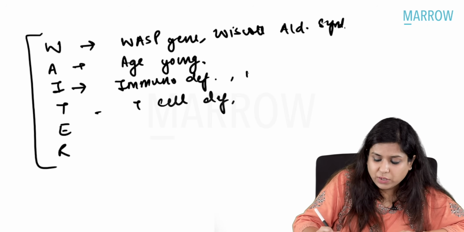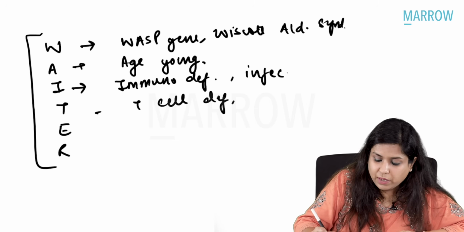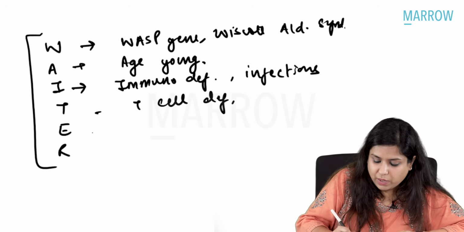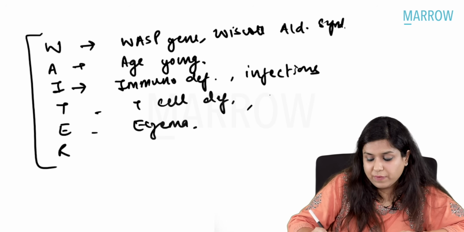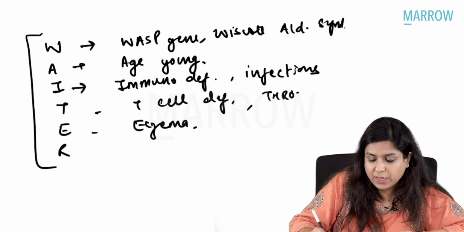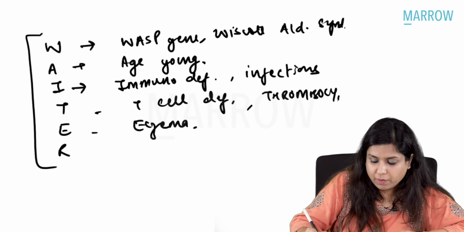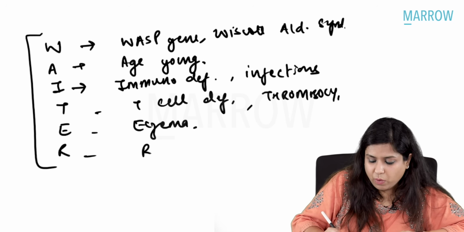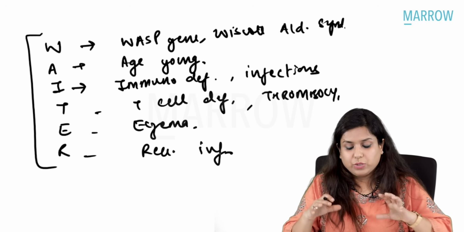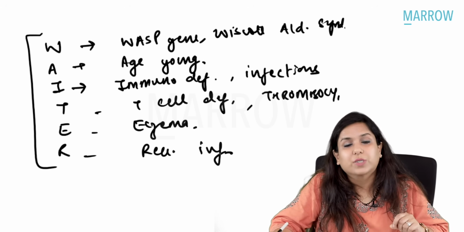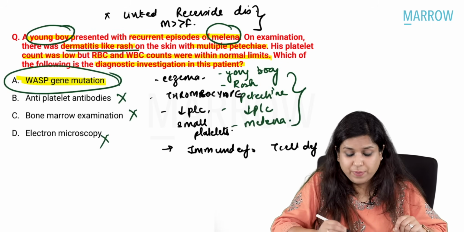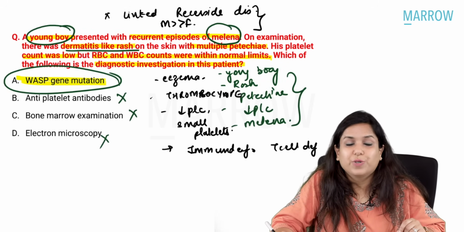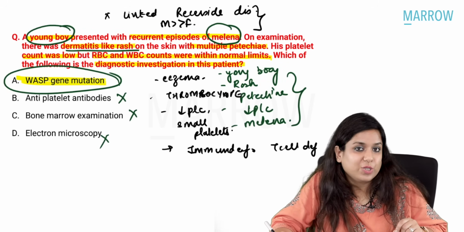I for immunodeficiency, that is why there are recurrent infections. E for eczema. T for T cell defect, students, and thrombocytopenia. R for recurrent infections again, right? So this is the mnemonic for Wiskott-Aldrich syndrome. This was a classic profile of Wiskott-Aldrich syndrome. That is why, what is the investigation you will do? That is a WASP gene mutation, right?